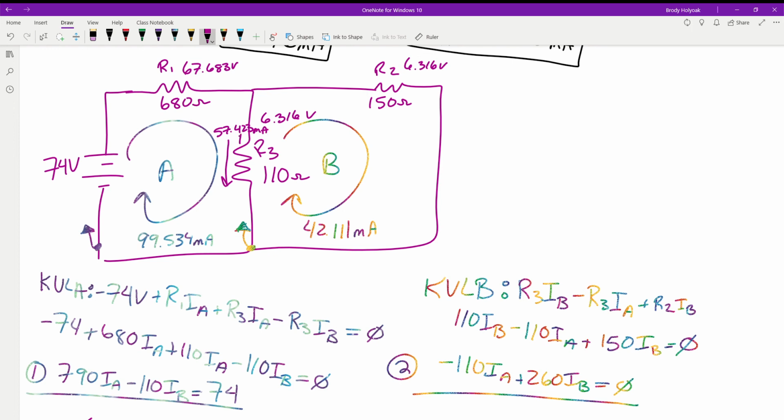Which is going to give us a polarity of that. And then what's the voltage of R3? .316, which we find with that current and that resistance.